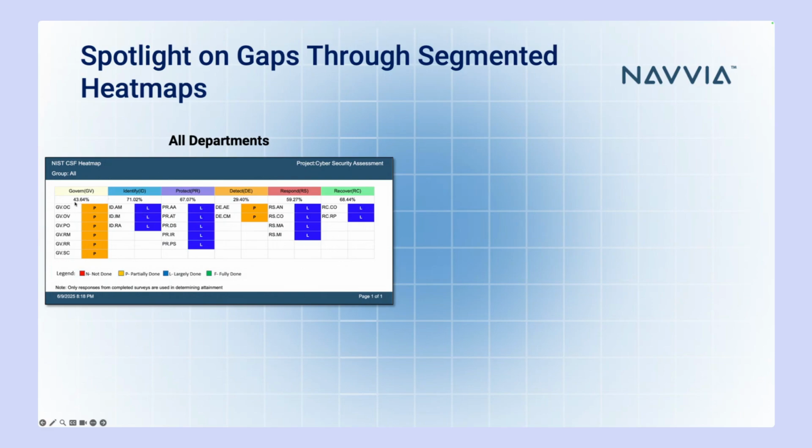So I've got a 43% for govern, partially across the board. So it looks like we haven't got the right oversight in place. Maybe through heroic efforts, we've been able to largely implement identify, protect, respond, and recover. But we still have a lot of work to do in govern. So that's basically a roll up of all of the responses.